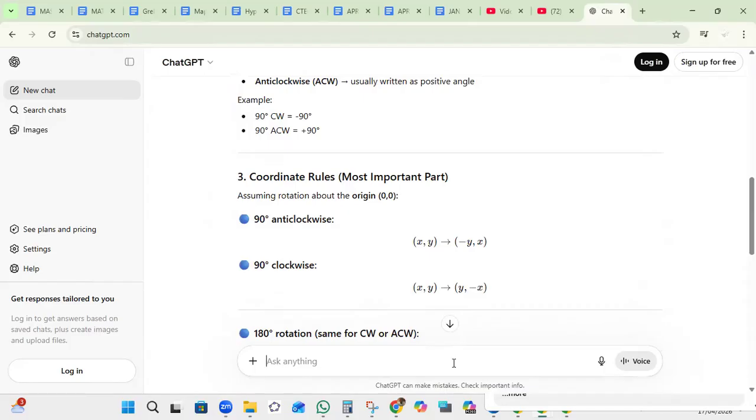So for example, you can ask it, I would like an example of 90 degrees anti-clockwise. Okay.